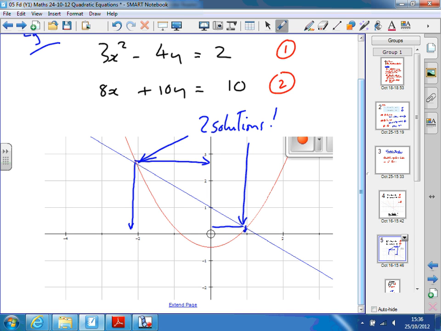So x equals around about minus 2.1, y is roughly 2.7. Here, x is round about 0.9 and y 0.3. Okay, roughly. So we know there are solutions, and that's roughly what we're going to get. So let's try now and solve them algebraically and confirm those solutions and get more accurate answers.